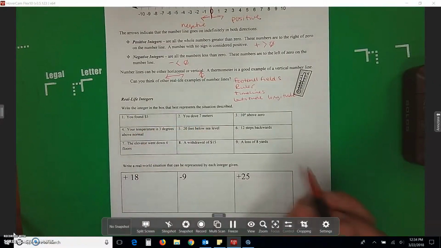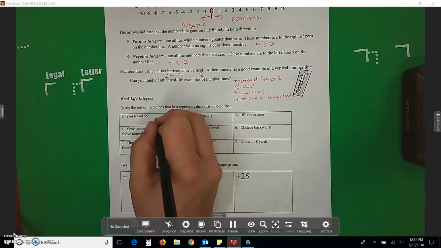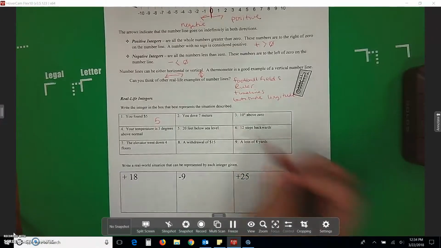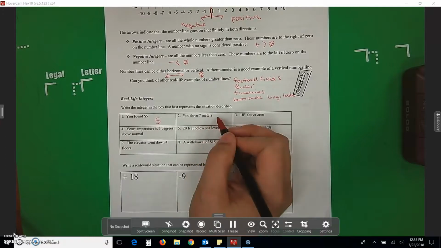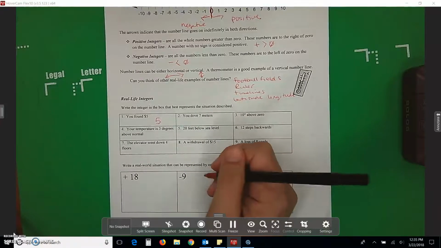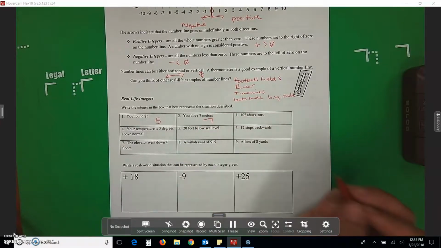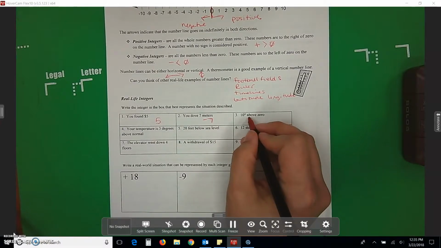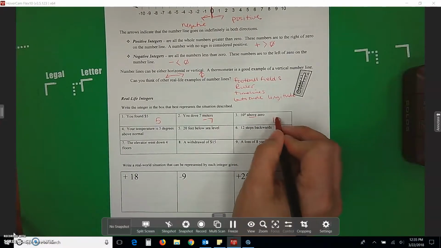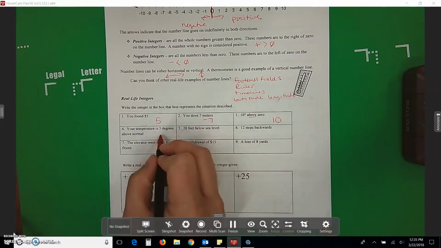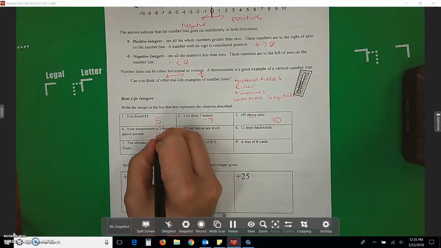So I found $5. That means I gained $5, which is a positive number. If I dove 7 meters, that means I went under the surface, so that's a -7. 10 degrees above 0 is a positive 10. 3 degrees above normal, that's a positive.